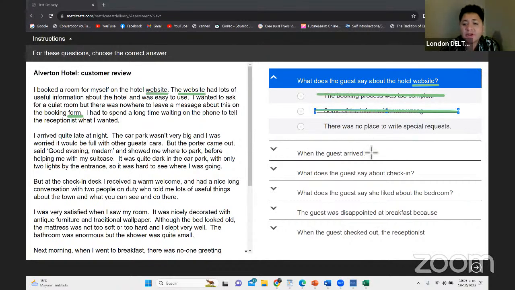The last one, there was no place to write the special requests. It says there was nowhere to leave a message about this booking form. So the first answer is contradictory, because here it says it was easy. The second answer says that the information was wrong, but here it doesn't mention that.